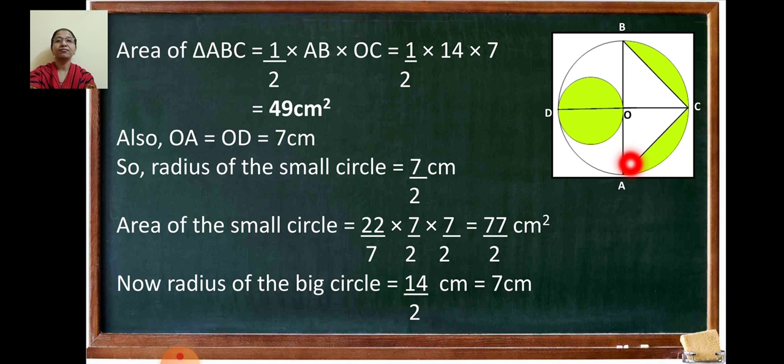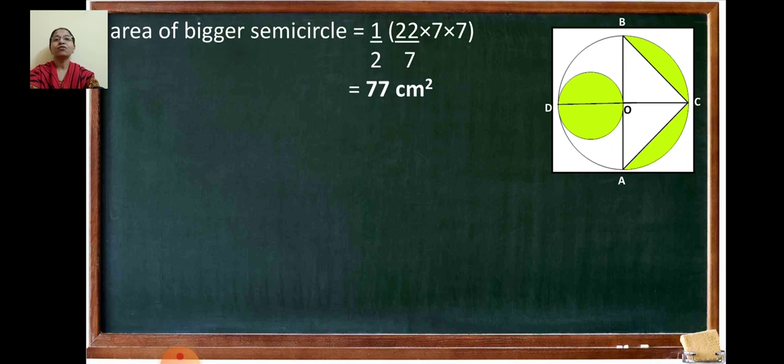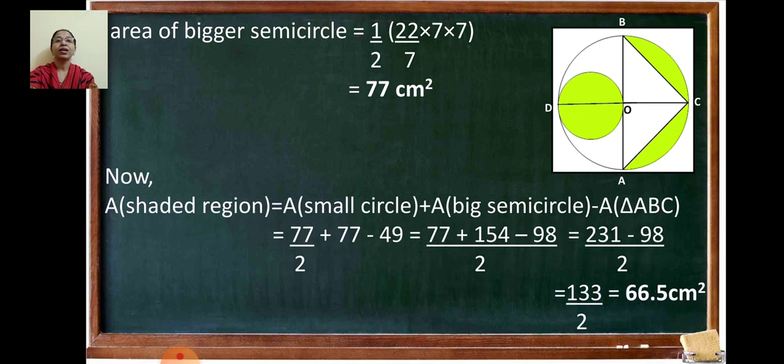Area of circle divided by 2 will give you the area of semicircle. So let us find the radius of big circle: 14 divided by 2, that is 7. So therefore area of bigger semicircle is half pi r square. Substitute the values, so you will get 77 centimeter square, right?